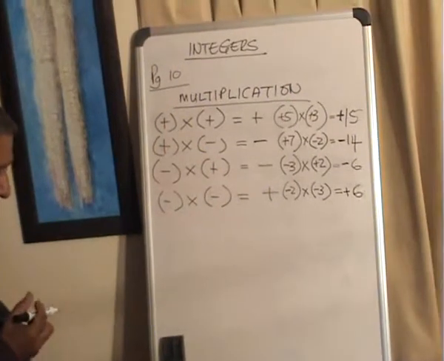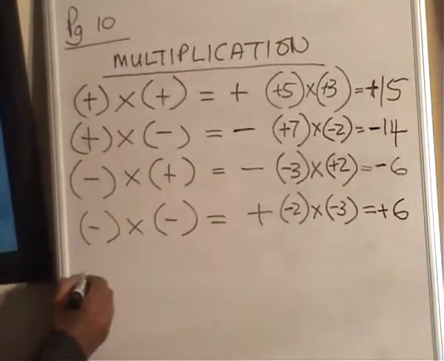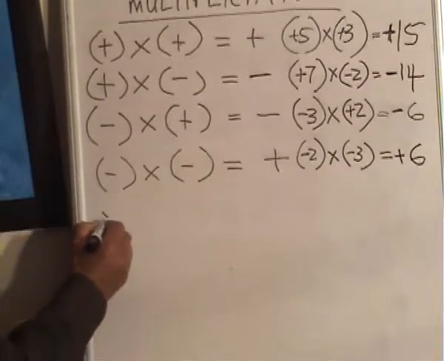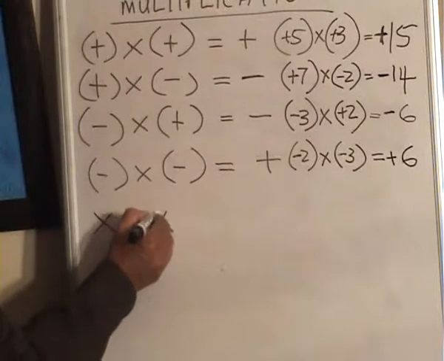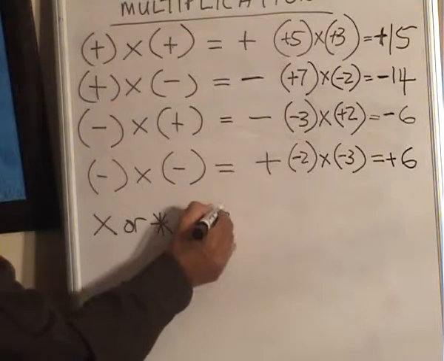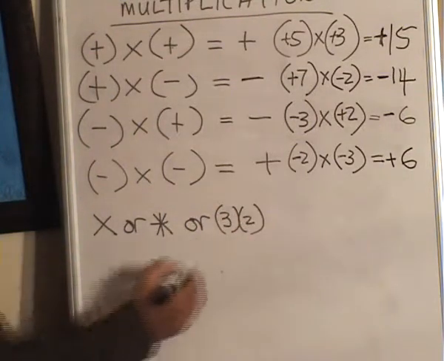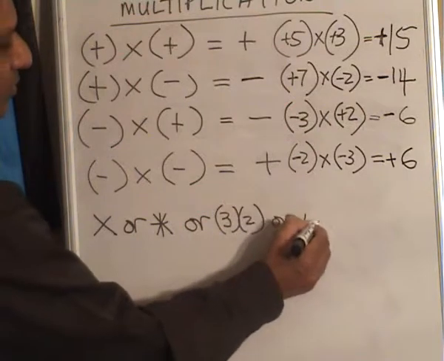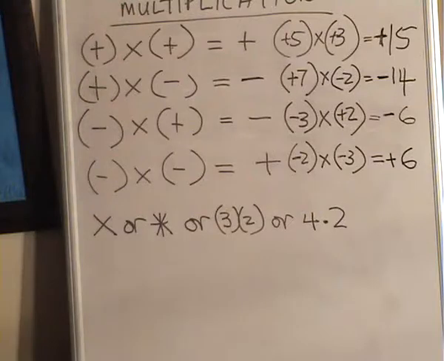Now another very important thing about multiplication, you have to know that for multiplication it could be times, or it could be an asterisk, or if the numbers are written in brackets like this, it means multiply, or if it is 4 dot 2, it also means multiply.